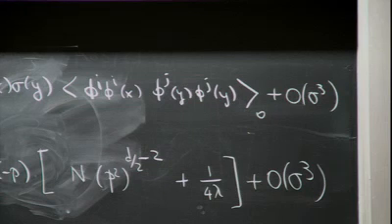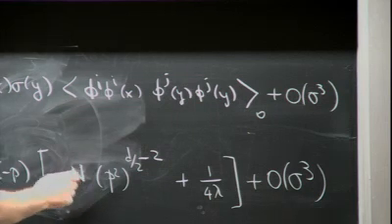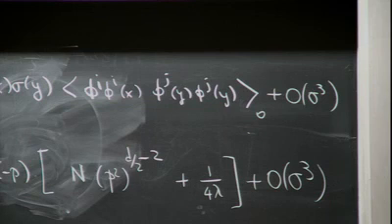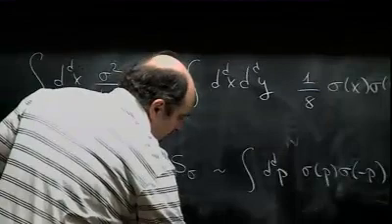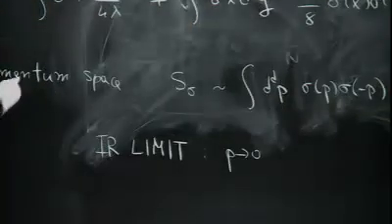Okay. So far I'm just massaging this theory and doing the path integral over phi and getting some action for sigma. Now we want to take the IR limit. Okay, so what happens in the IR limit? We want to see what happens at low momenta in this action.